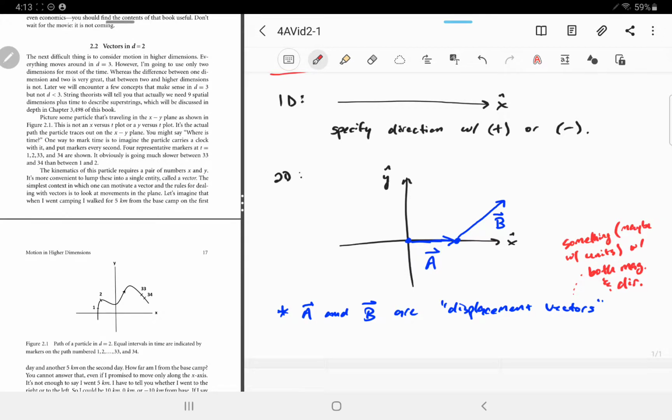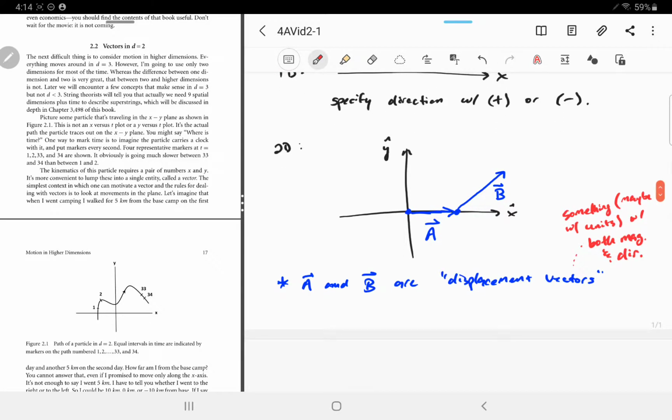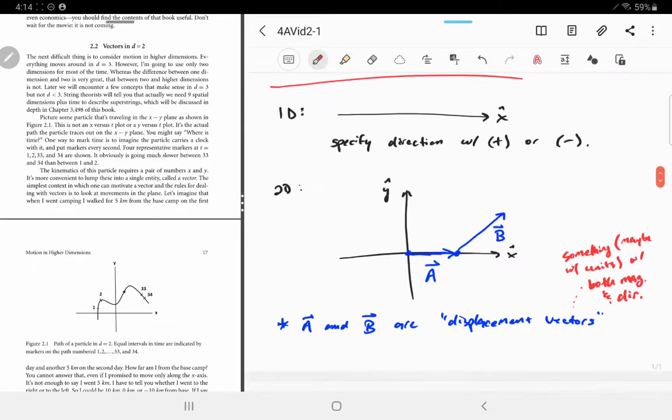My displacement vector A has some magnitude, maybe I walked 1 mile, and the direction is in the plus x direction. For B, you'd have to be a little more careful about specifying the direction. You'd have to specify the angle that vector makes with respect to the positive x direction, or you could specify the x and y components of this vector, which involve those separate pieces. So this is what we need to talk about today, specifying those pieces and some definitions of terms like basis vectors.